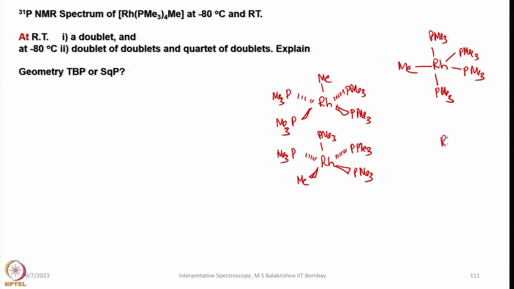Or another possibility: one methyl group is here, one PMe3 is here.